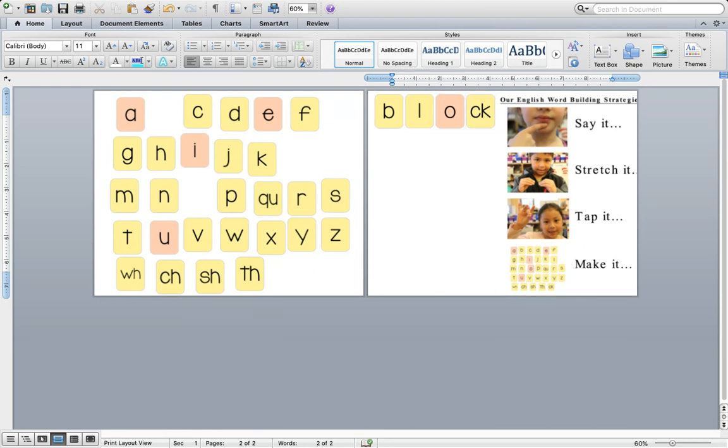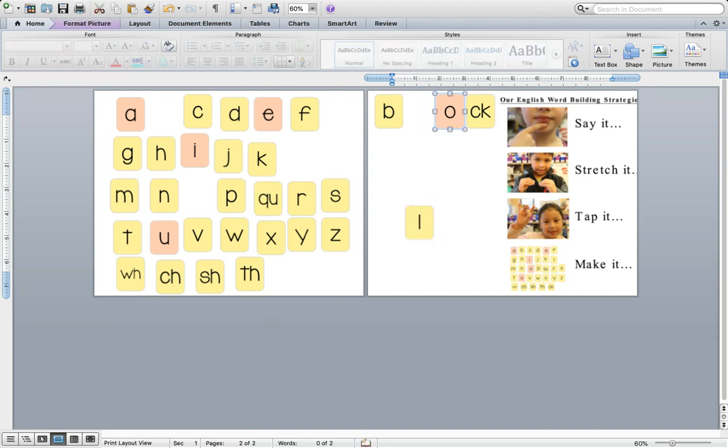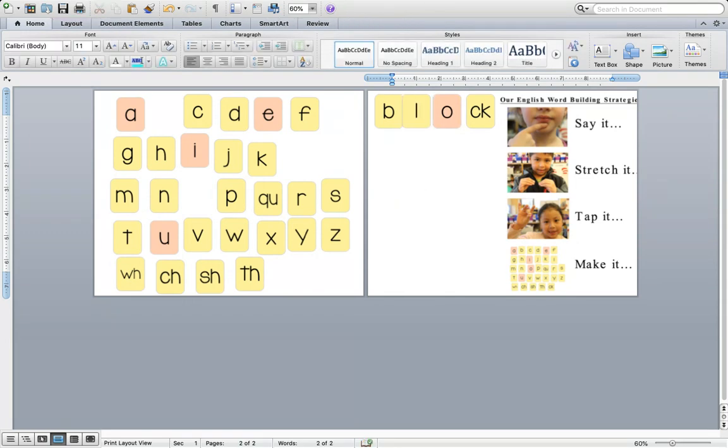Good job. Now, if we would have forgotten one of these sounds, like the l sound, and only had 3 sounds, what would it say? Let's read it. B, ok, bok. And that's not the word we want to make. We want block. So saying, stretching, and tapping the word will help you to hear all of the sounds, even in words that have lots of sounds.